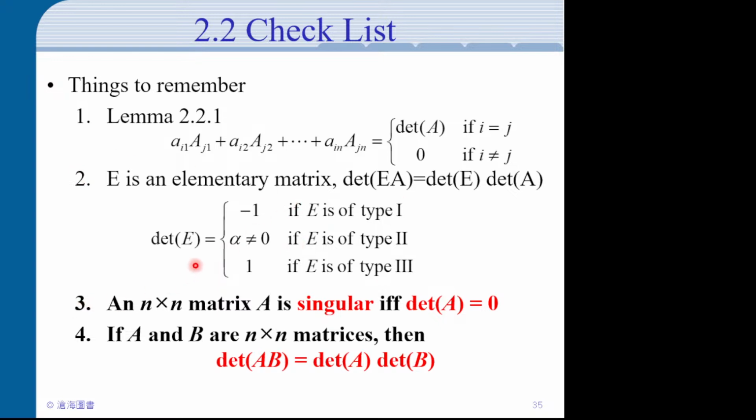And here also something pretty important: you can calculate delta A by Gaussian elimination. Okay, so you can just do row operations on A to make it into a triangular form and then calculate the determinant from there.